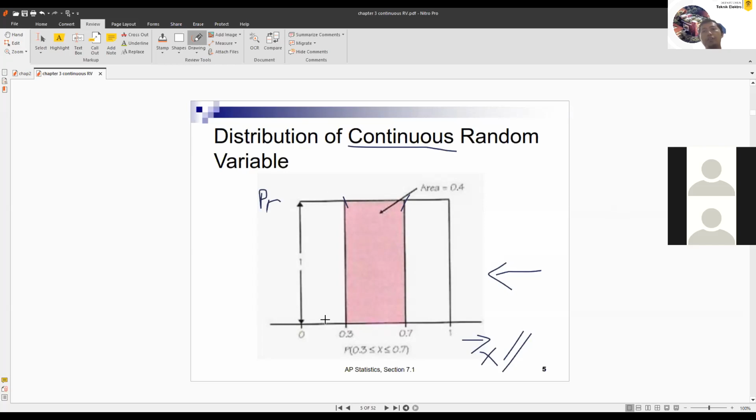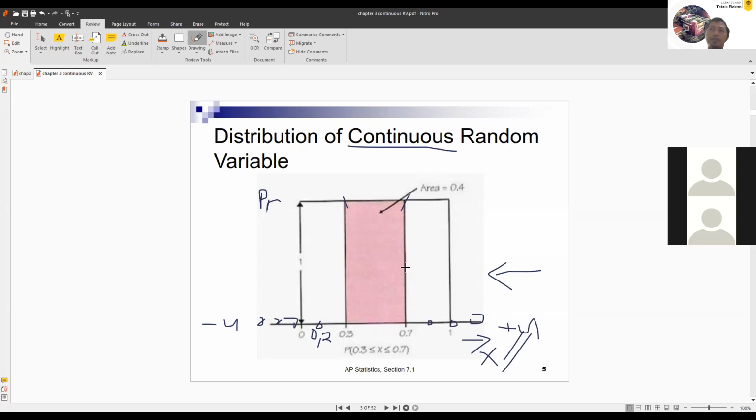There is no other random variable axis. If x is maybe 0.2 here, the probability is 0. Also greater than 0.7, also 0, 0, 0, until minus infinity, or here positive infinity.